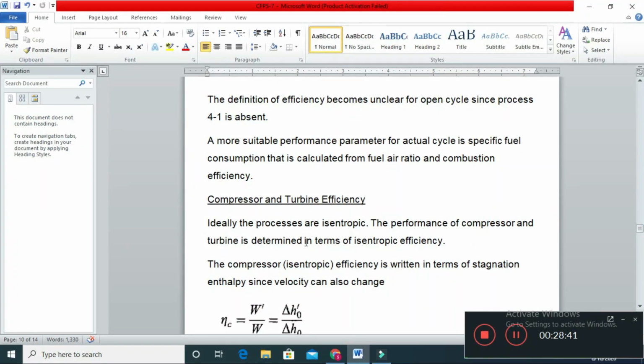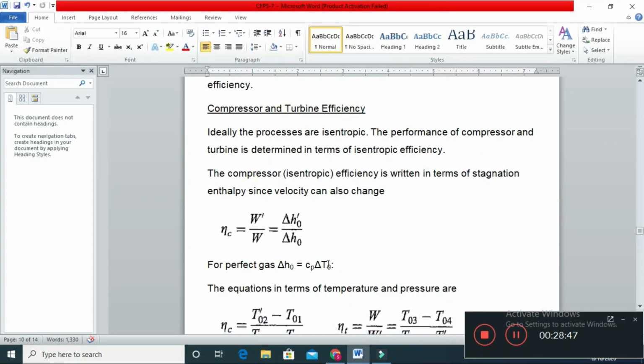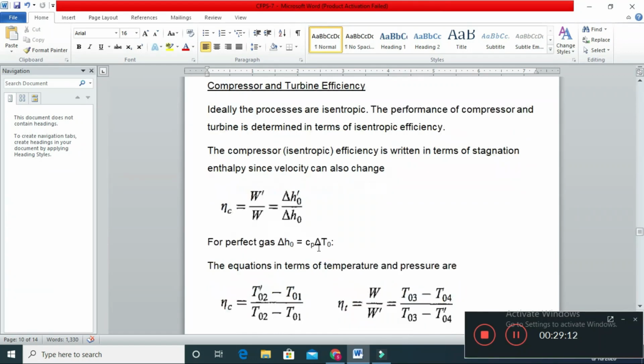For predicting the actual performance of the cycle, we calculate the isentropic efficiency for the compressor as well as for the turbine. So the isentropic efficiency for the compressor is the ideal work divided by the actual work, and the ideal work and actual work are written in terms of changes in enthalpy, and here the enthalpy is the total enthalpy, because we are also considering the velocity or kinetic energy changes.